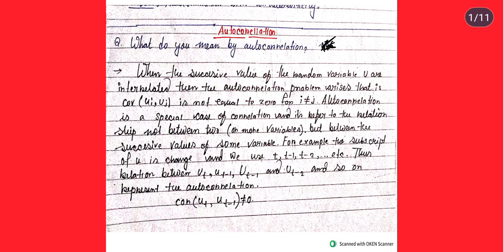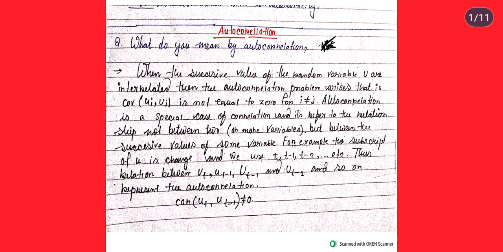That is, the correlation between the error terms ui and uj is not equal to 0, where i is not equal to j. Autocorrelation is a special case of correlation, and it refers to the relationship not between two or more variables but between the successive values of some variable.